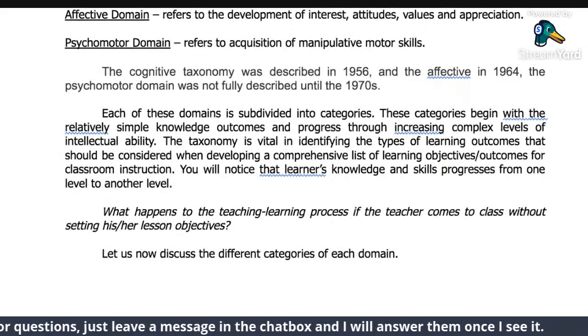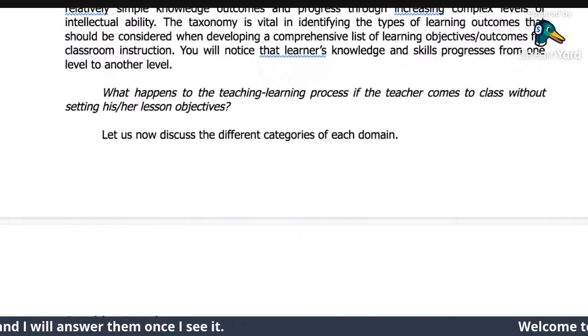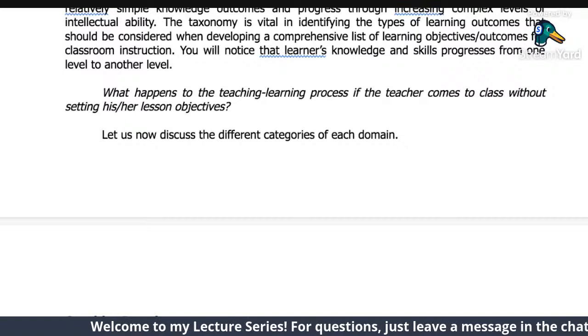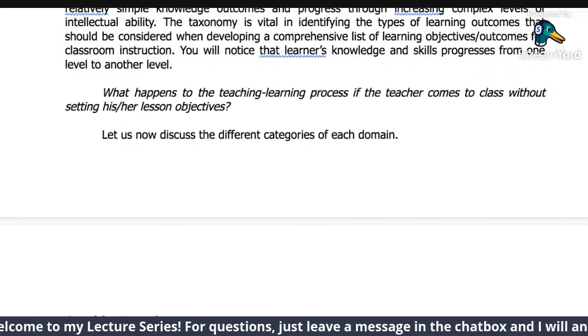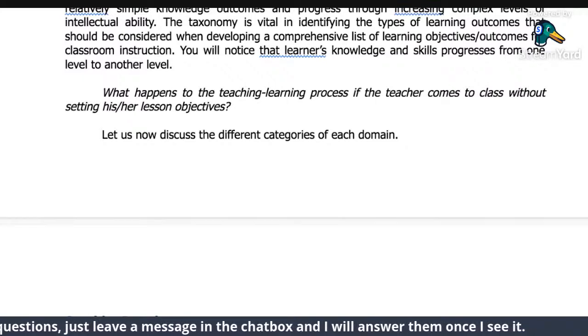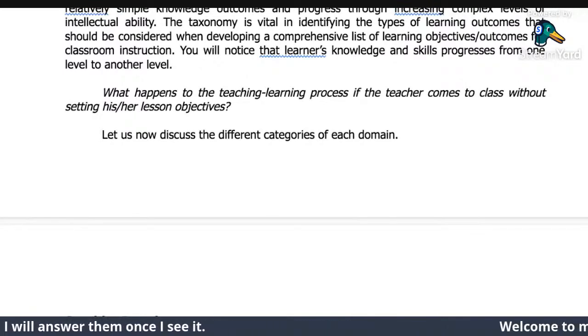Okay, so may tanong dito, what happens to the teaching learning process if the teacher comes to class without setting his or her lesson objectives? Okay, so it's like going on a trip without knowing where to go, what to do in the trip. Okay? And, well, medyo hindi magandang comparison kasi pag trip, maganda yung spontaneous, sabi nila.